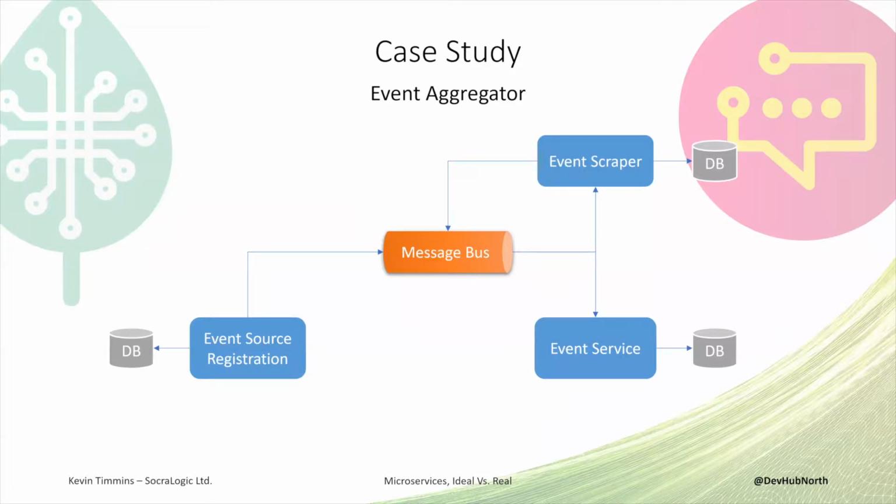And then it would present all of that through a single service, a single page. It would show all the events that are coming up that might be of interest to you. That could be done through a push notification, an email notification, or anything like that. So that's the general idea of the case study.